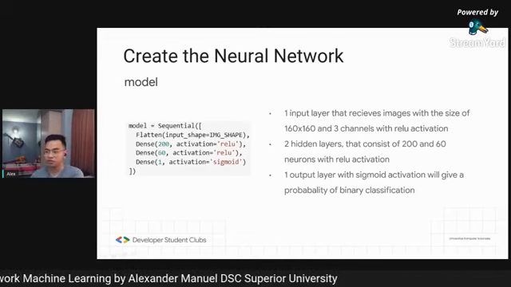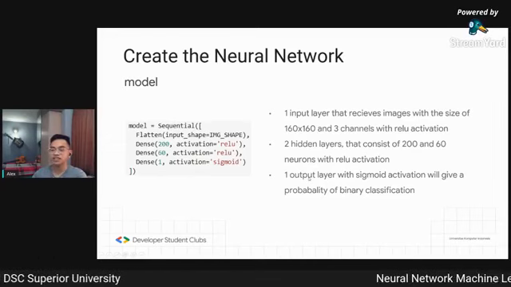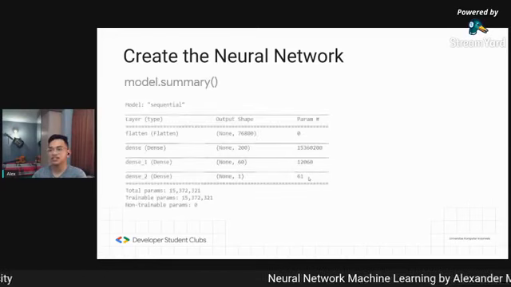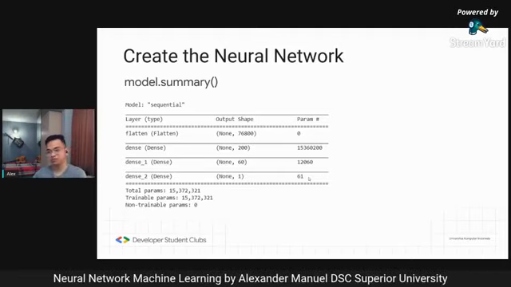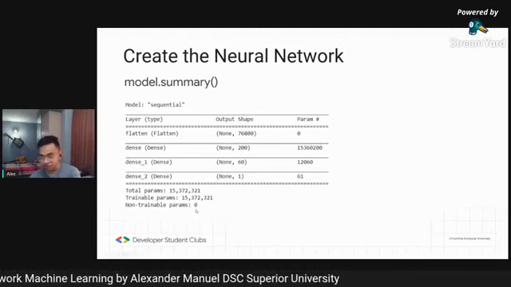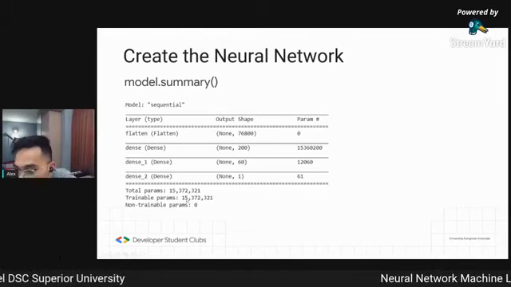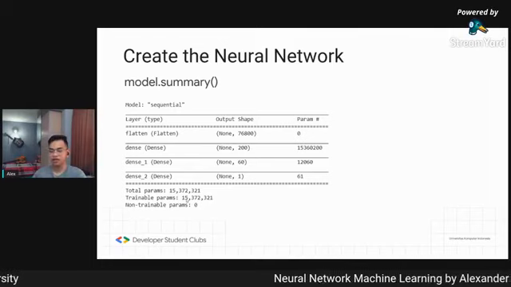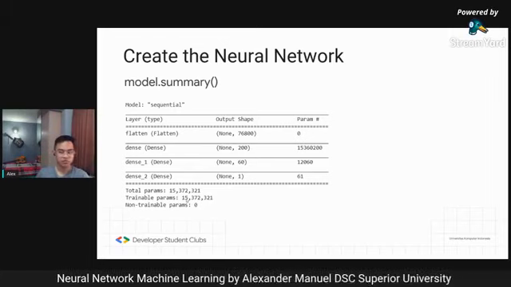The more neurons, the more computation power and time it will take. So for this simple model, we're going to have somewhere around 15 million parameters.